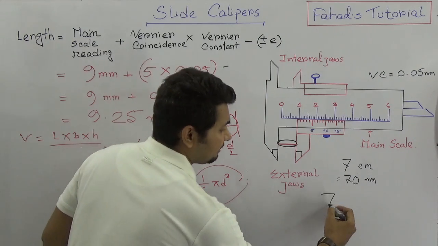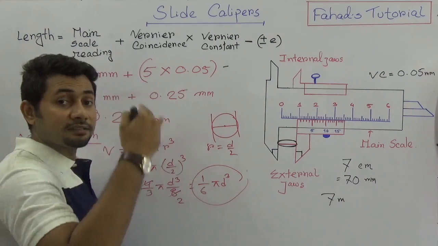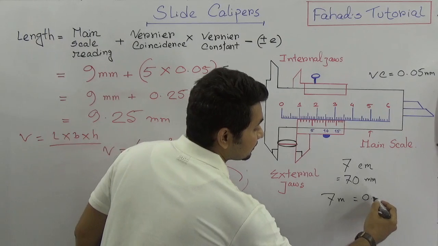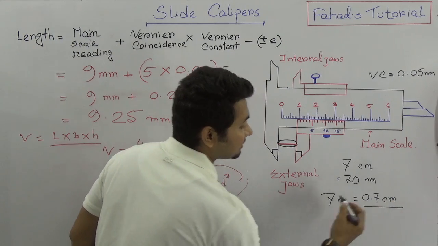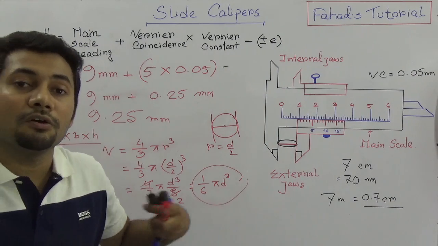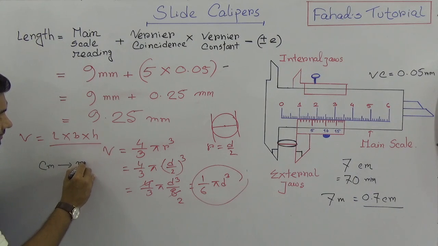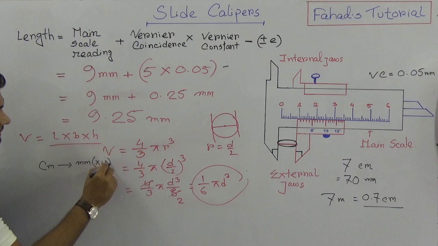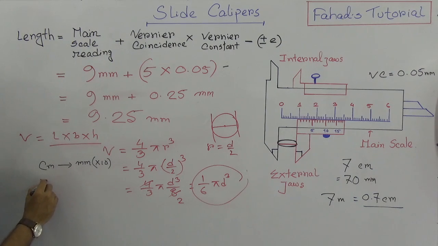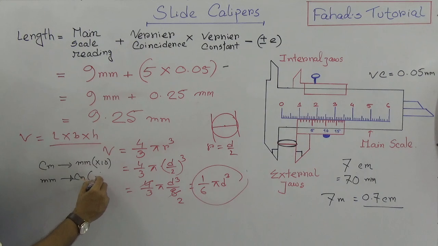If 7 millimeter is given and we need to find centimeter, it will be 0.7 centimeter. So when we go from centimeter to millimeter, we need to multiply by 10. And conversely, if you go from millimeter to centimeter, we need to divide by 10.